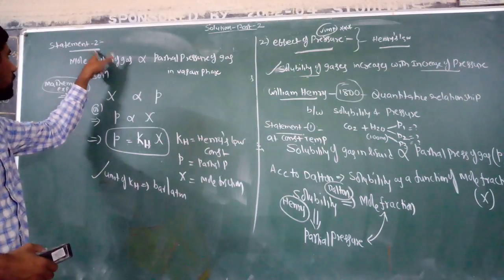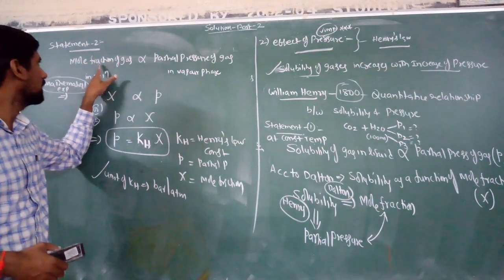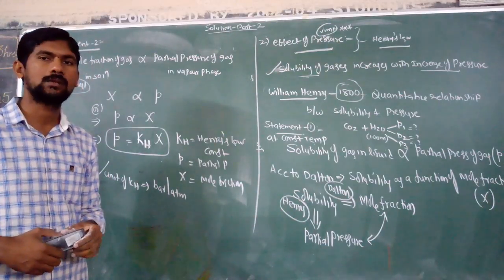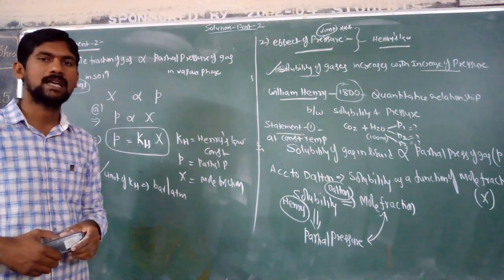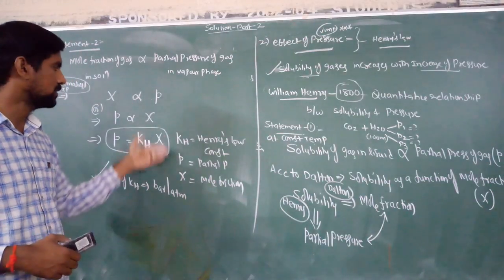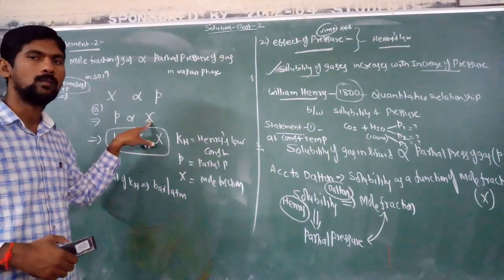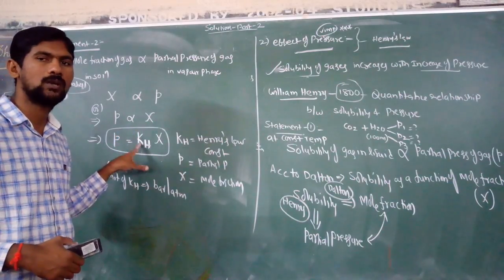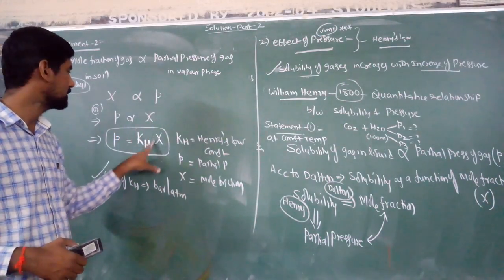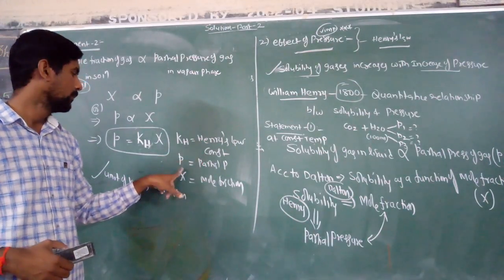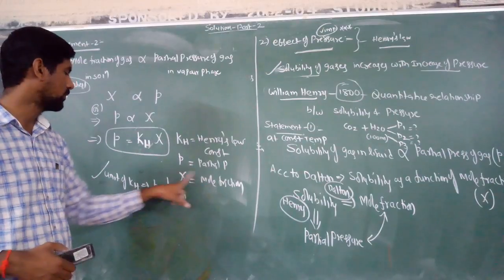So the statement is modified as: mole fraction of the gas in solution is directly proportional to partial pressure of the gas in vapor phase, and we can derive the mathematical expression: partial pressure is equal to kH into x. Here kH is the proportionality constant, known as Henry's law constant, P is partial pressure, and x is mole fraction.